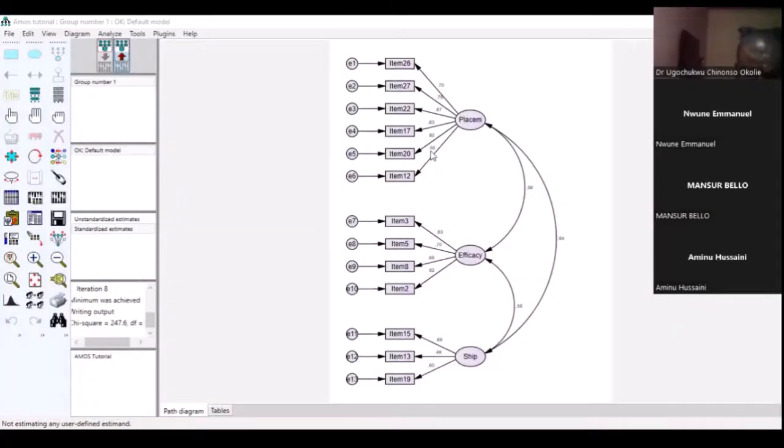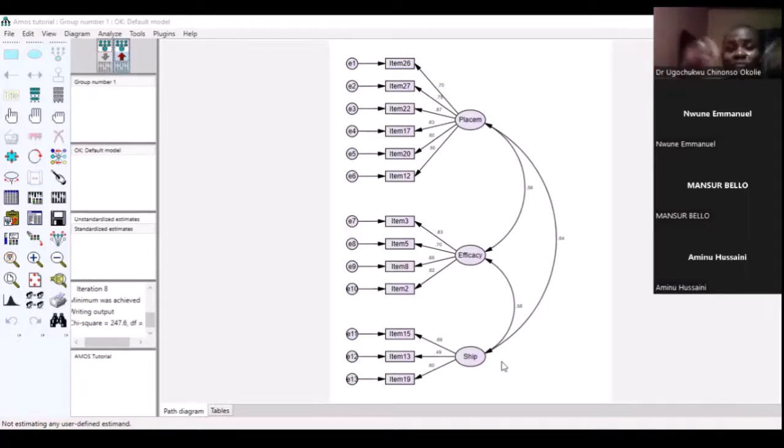So you can see that item 12 is also not good. As long as we have this item, we are not likely going to meet the model fit. We are not likely going to achieve a wonderful model fit because the instruments and the data that we collected ab initio have not loaded properly, have not done well.